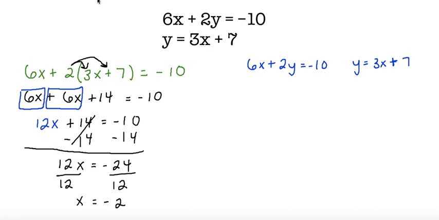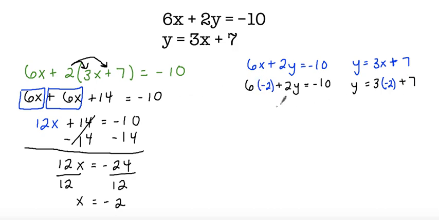And we're going to substitute x for -2, so 6 times -2 plus 2y is equal to -10. And then we have y is equal to 3 times -2 plus 7.